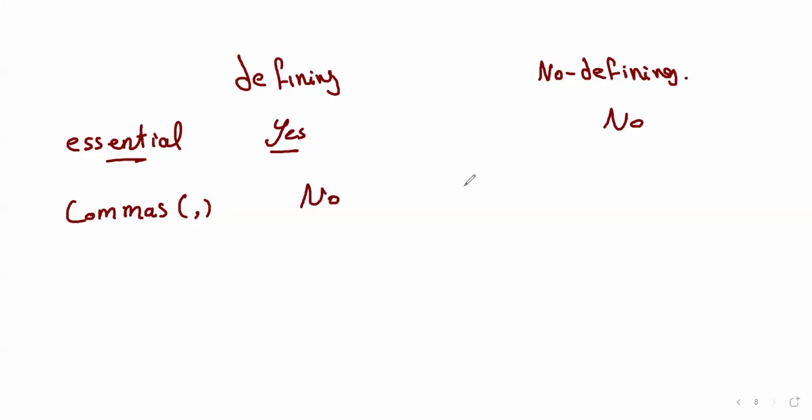No, we don't use them with a defining relative clause, but in a non-defining relative clause, we need to use them. Okay, what about omitting? In defining, no. The sentence changes meaning. But here, yes. The sentence is still clear. Okay, so I can omit the relative clause in the non-defining.